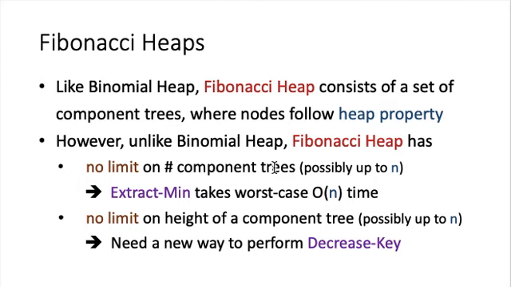Previously, in the binomial heap or in the binary heap, we just need to swap the decreased node with the parent until the heap property is preserved. But here, for the Fibonacci heap, we do this in a different way so that decrease key can be done faster. So this is the bad thing about Fibonacci heap that makes us need some new measures to make it work efficiently.